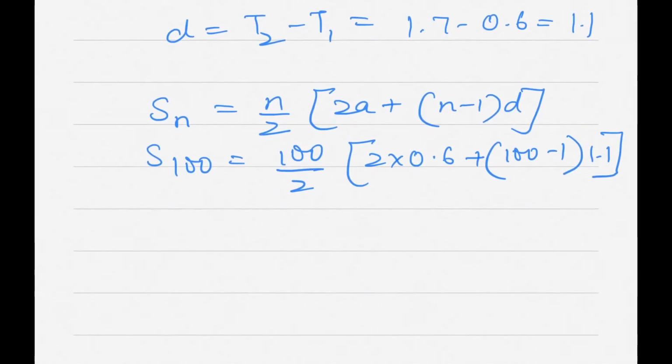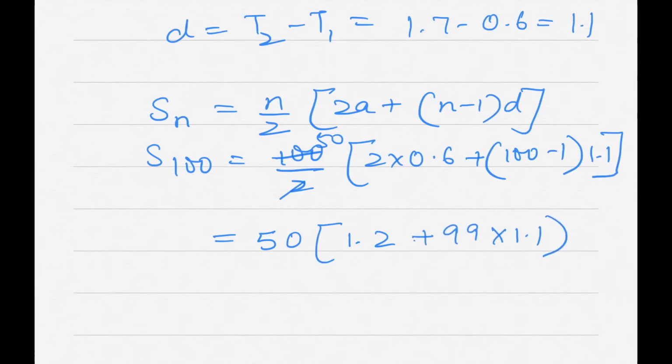Okay, let's solve it now. So this gives me 50, so this is equal to 50, and this gives me 1.2 plus 99 into 1.1.